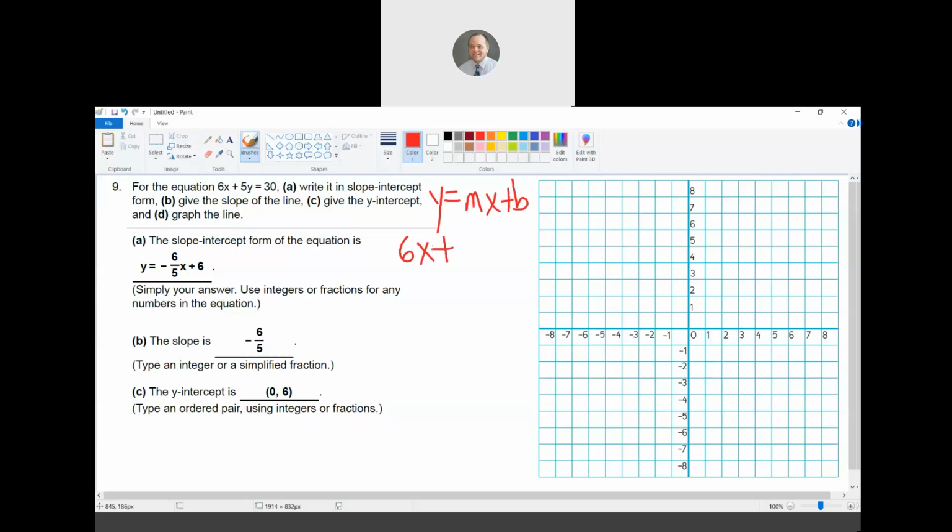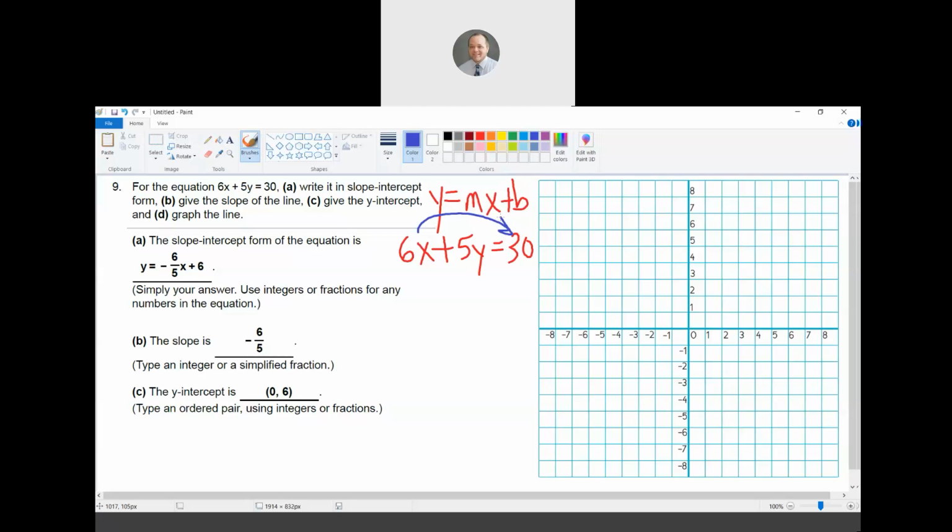That means for our given equation, we need to get the y part by itself. So to get the 5y by itself, we need to move the 6x to the right-hand side.